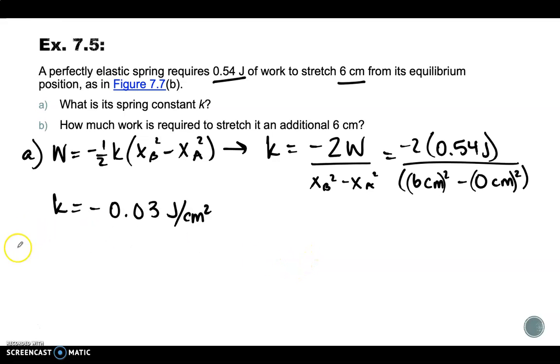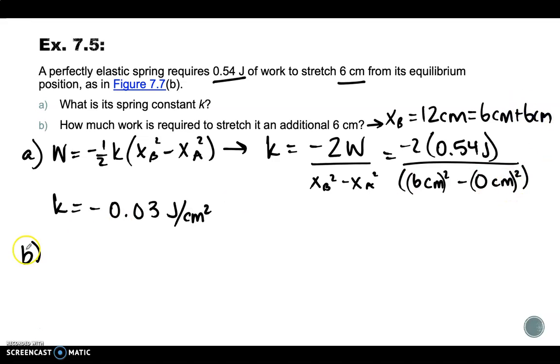Now, if we know our spring constant, how much work is required to stretch it an additional 6 centimeters? We stretched it the first time to 6 centimeters, so if we stretch it an additional 6, x_b will be 12 centimeters, because it's 6 plus 6.